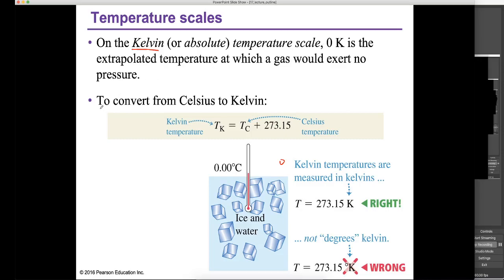To convert Celsius degree into Kelvin, it's very easy. Tk equals Tc plus 273.15. And of course, you can convert Tk into Tc.